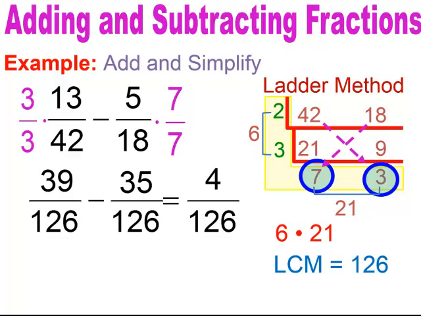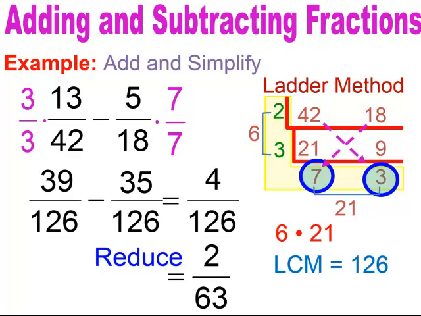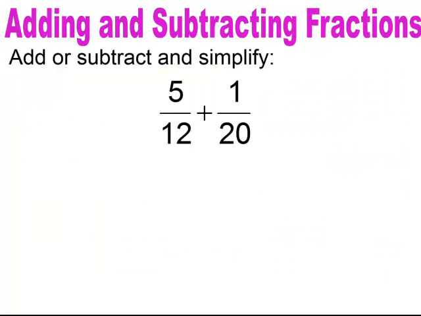And notice here I have an even number over an even number, which means my fraction's going to reduce. So now I'm going to have to reduce the fraction, and my answer here would be 2 over 63. So again, the ladder method makes it nice and easy for me to find my common denominator and then the factor I need to multiply by in order to convert the fraction. Pause and try.